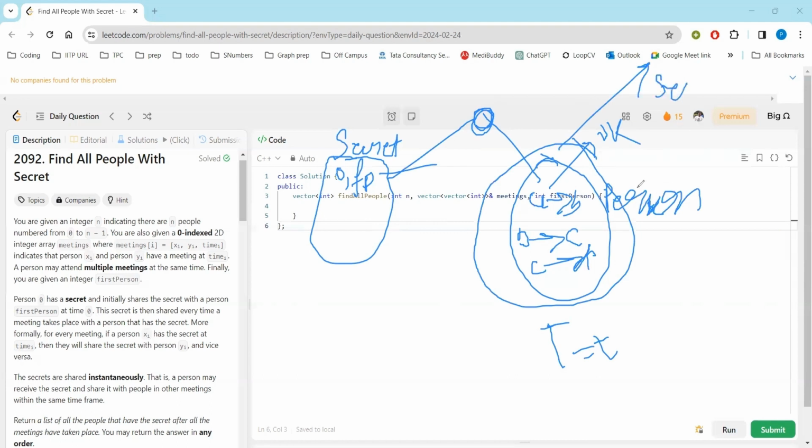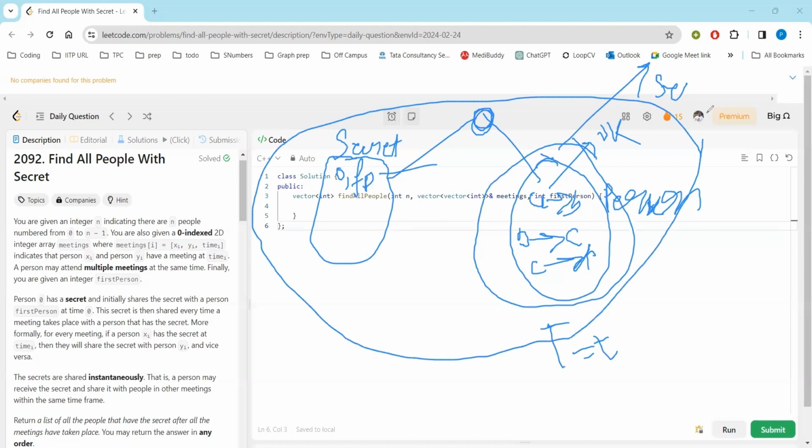If that is so, then can we say after time t equal to t, all these persons will know the secret? That means after time t equal to t, all these persons will come under the secret group. Now after this, the secret group will be 0, FP, A, B, C, and D.